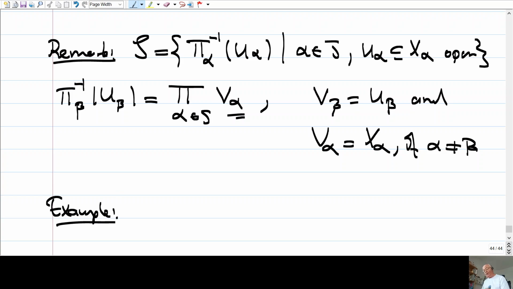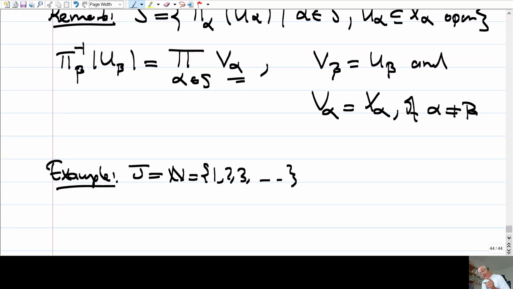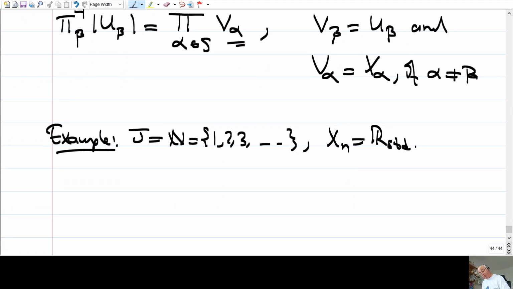Let me explain this on an example, because for an arbitrary index set, it is difficult to represent these objects. Let's, for example, take J to be the natural numbers 1, 2, 3, and so on, and each X n to be again R standard, for example. So what's the basis for this? The sub-basis consists of the following.